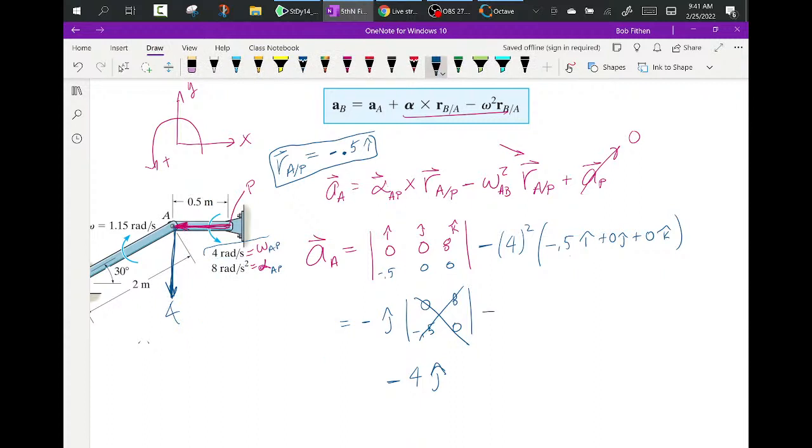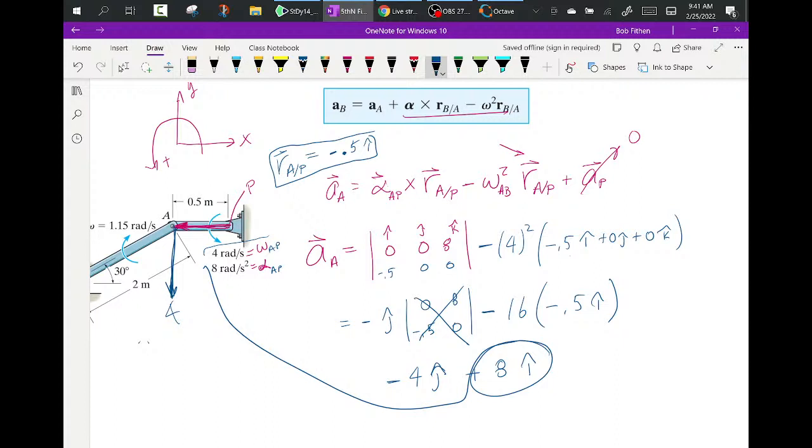This term, on the other hand, becomes 16 times minus 0.5 I. Okay, so you get a minus and a minus, you get a plus, and half of 16 is 8 I. This term is actually directed, the acceleration that is directed back this direction, centrifugal acceleration.